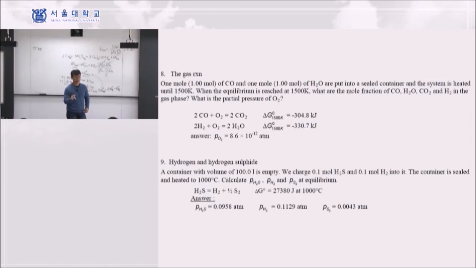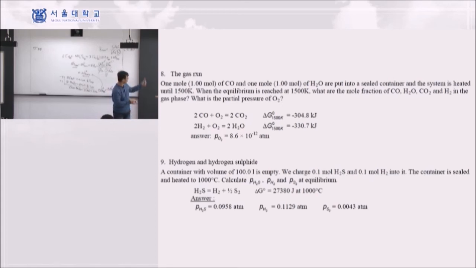So it is not asking you the direction anymore. I know the direction already. I know this will react and produce this. At that condition, what is my final gas composition? It's different, yeah? It asks you now, what's the final state?